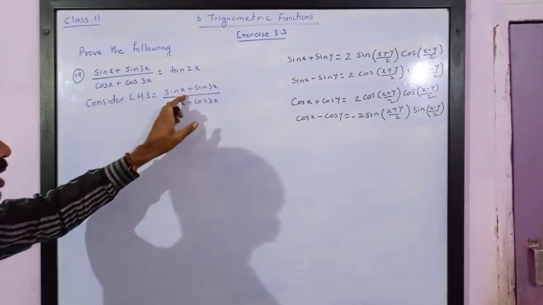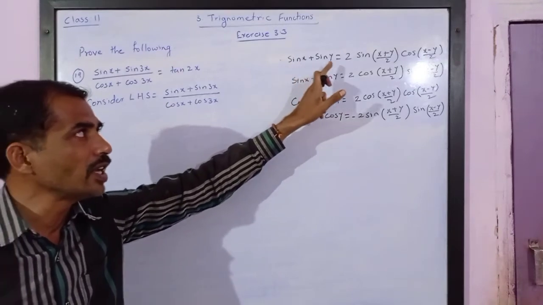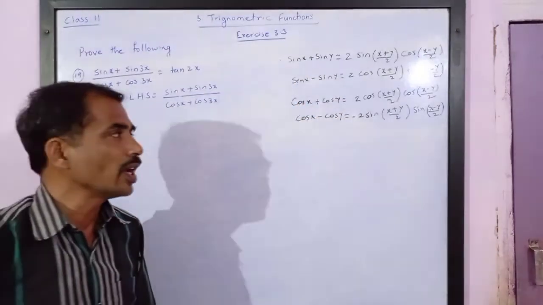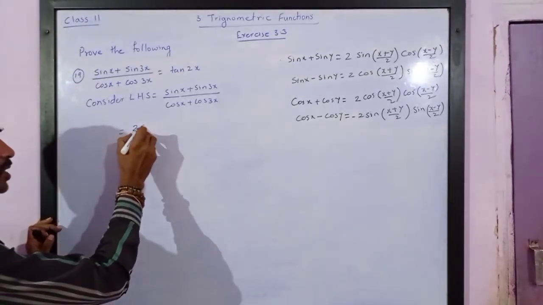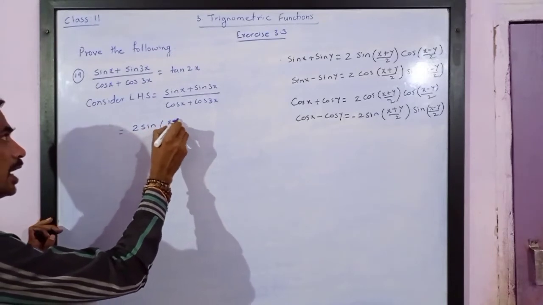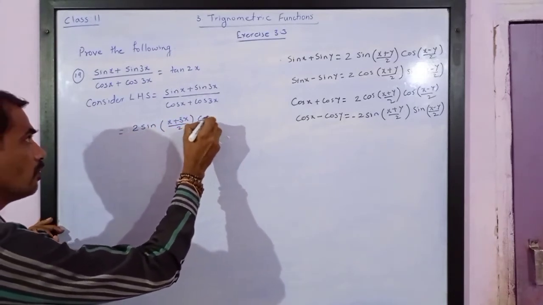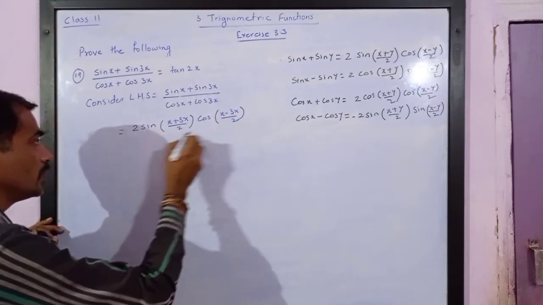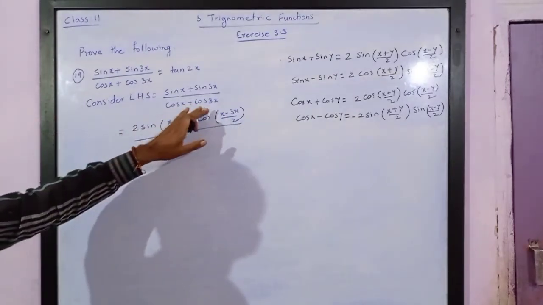These angles are different, so we have to use the first identity, sin x plus sin y is equal to 2 sin of (x plus y) upon 2 into cos of (x minus y) upon 2. So for the numerator we have 2 times sin of (x plus 3x) upon 2 into cos of (x minus 3x) upon 2, and for the denominator we have cos x plus cos of 3x.